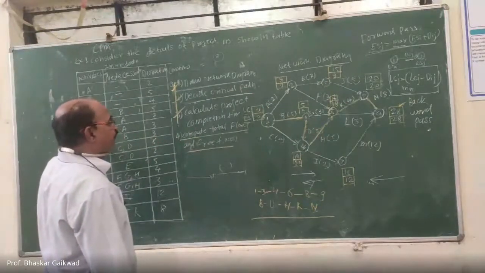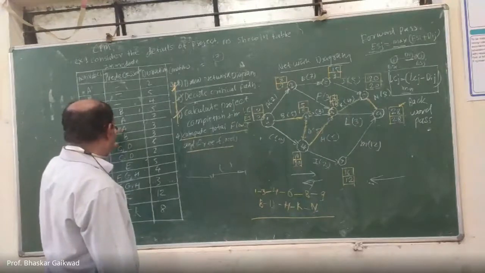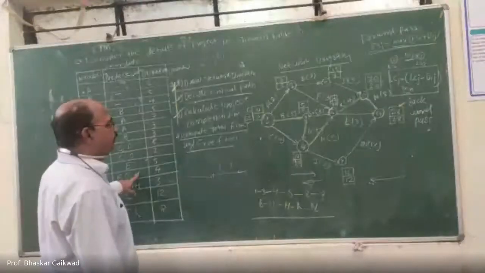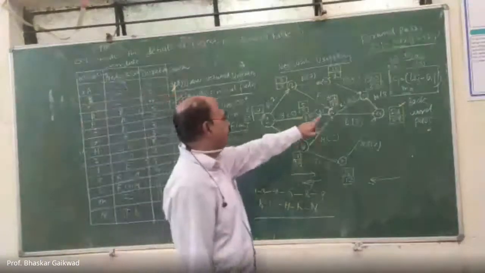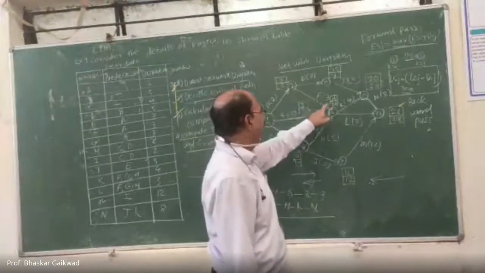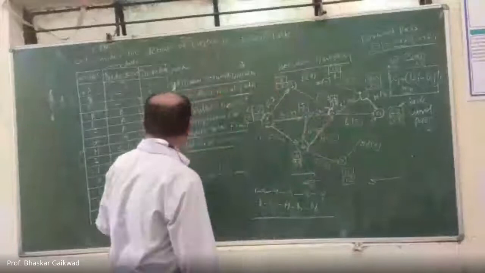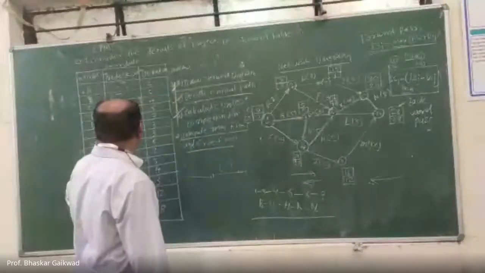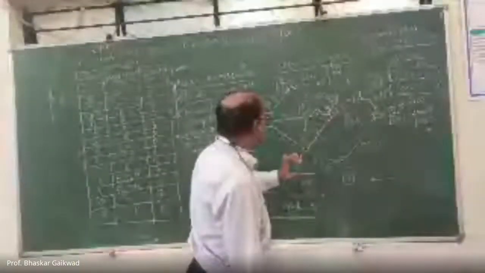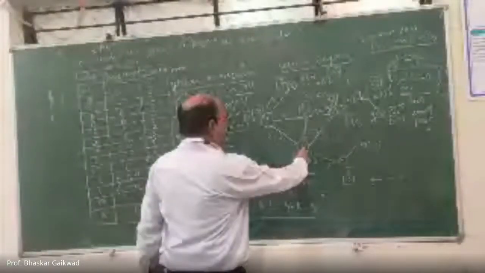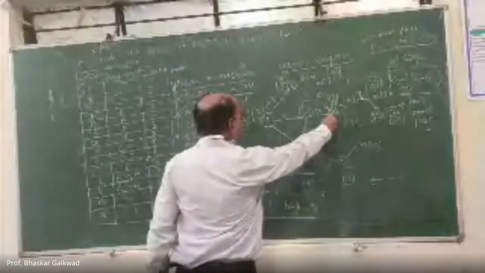F will start from A. And again, F, G, H are at one point. F will start from A and end here. Similarly, G will start from B. Similarly, H will start from 4 and end here.